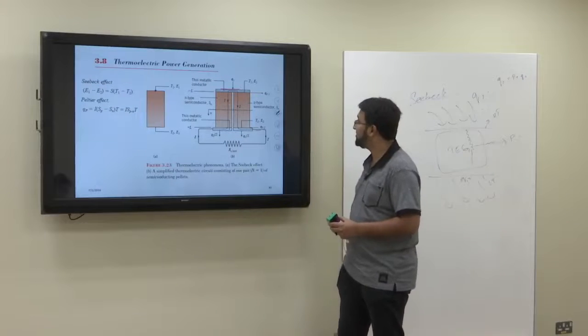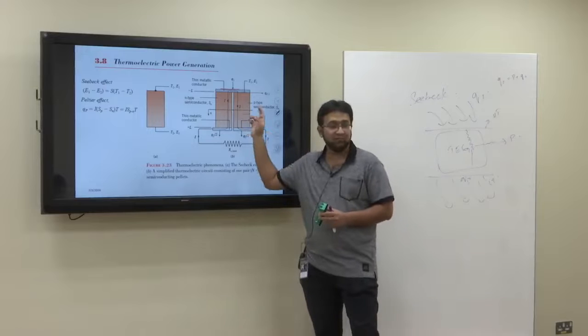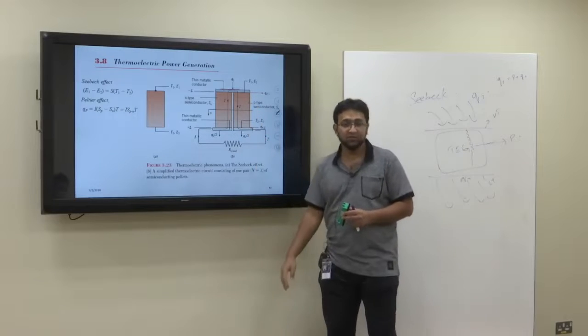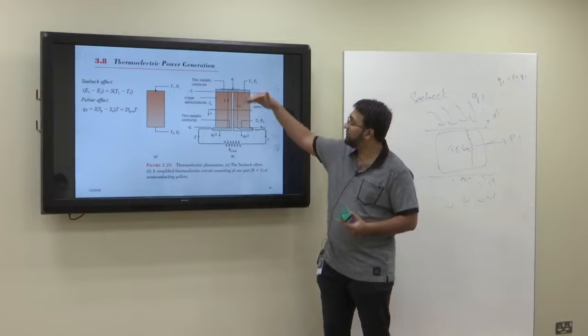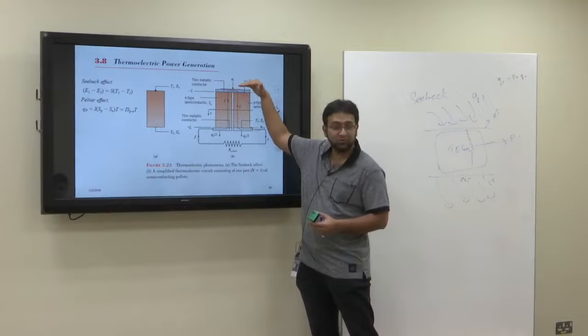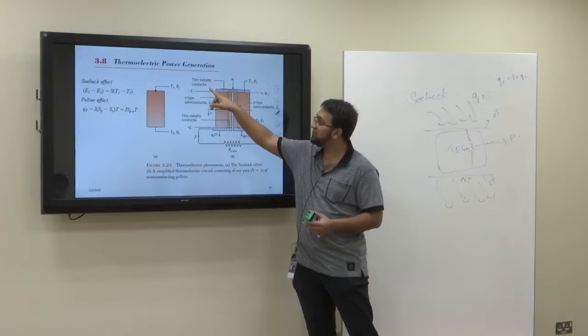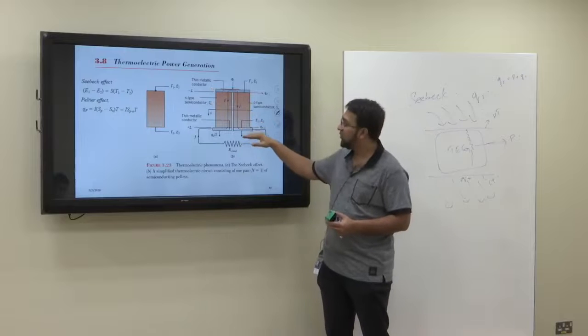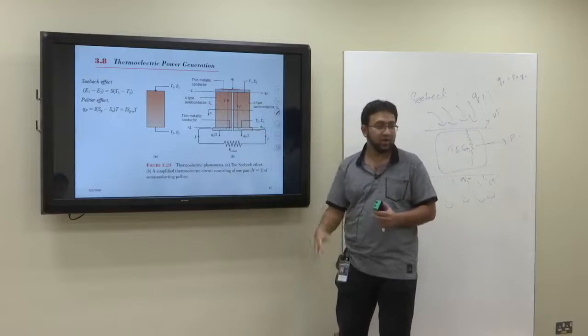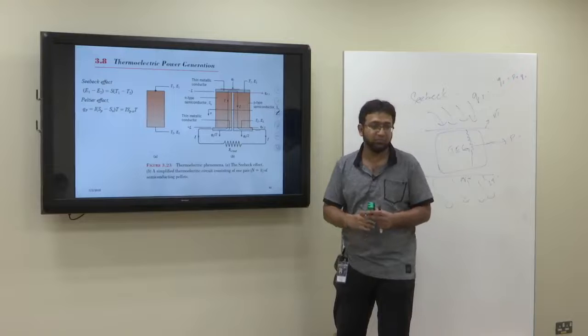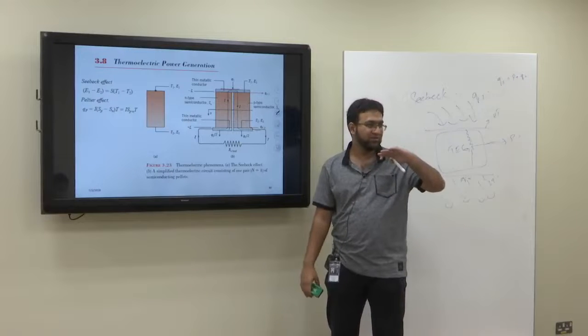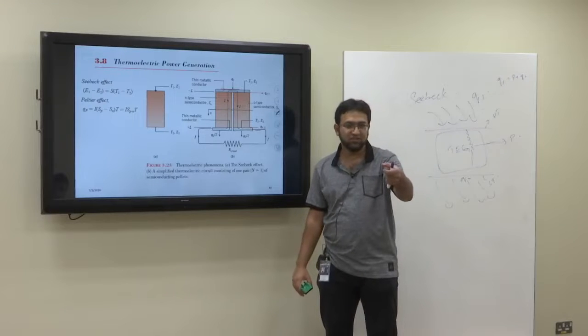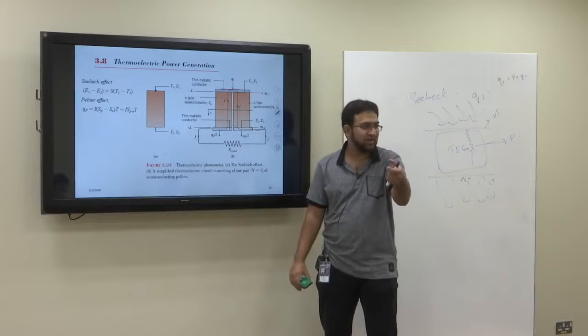Here you see we have a PN junction. Above it we put a thin metallic conductor plate, and below we put a thin metallic conductor plate. Above the conductor plates we put insulation, so that we do not touch the generator and get electrocuted.